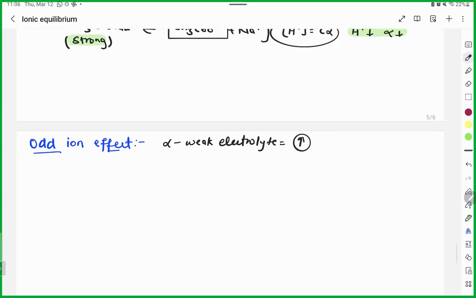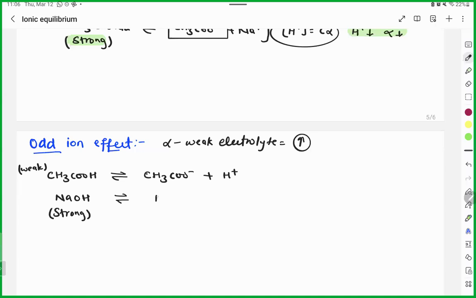Example: if you have CH3COOH, when you break it down, it will form CH3COO negative and H positive. If you take NaOH, NaOH is a strong electrolyte and CH3COOH is a weak electrolyte.